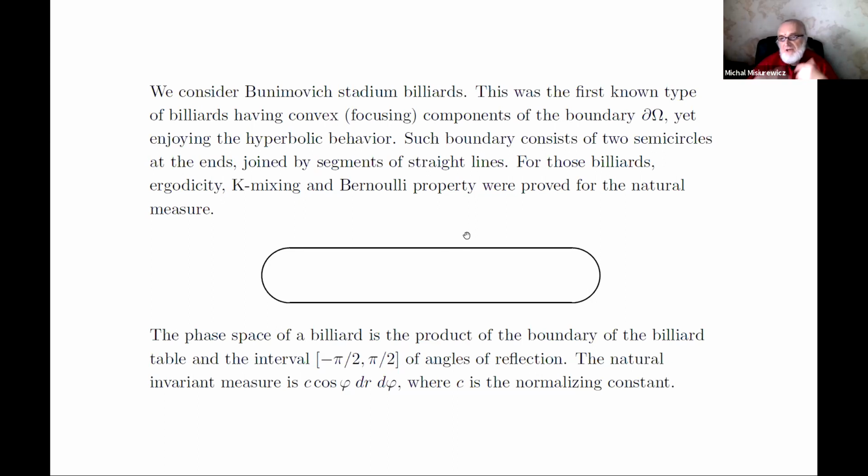And now, what are the best dynamical systems? The best dynamical systems are hyperbolic. And you get hyperbolic dynamical systems very easily when the boundary from which you reflect is convex.